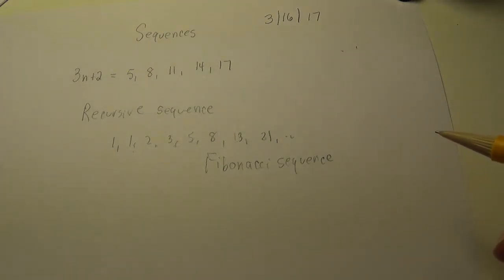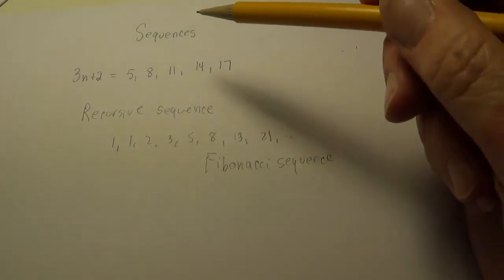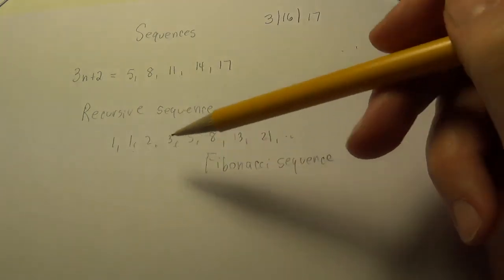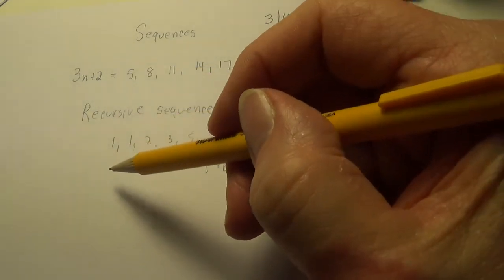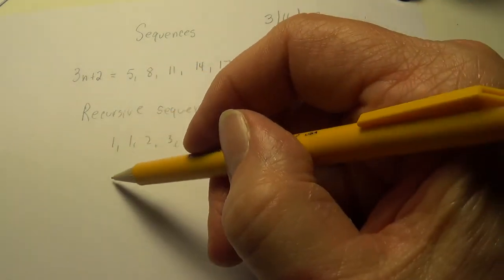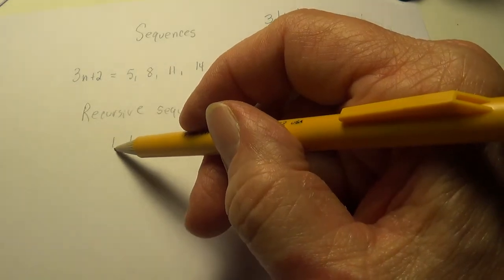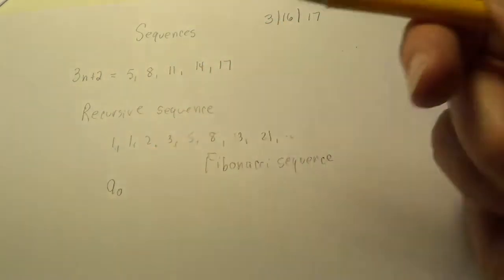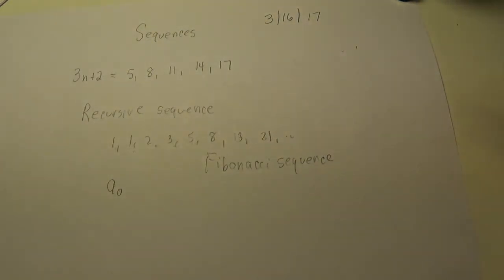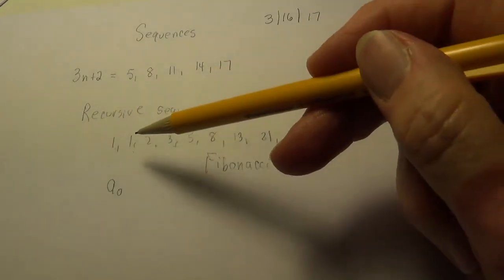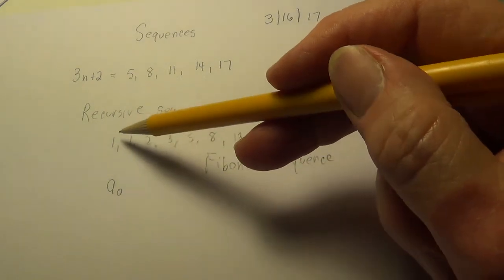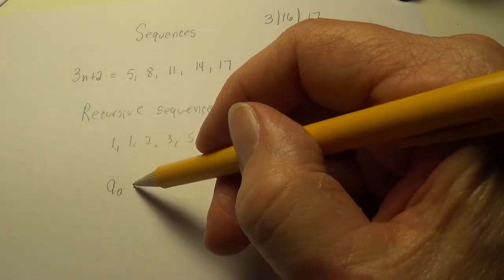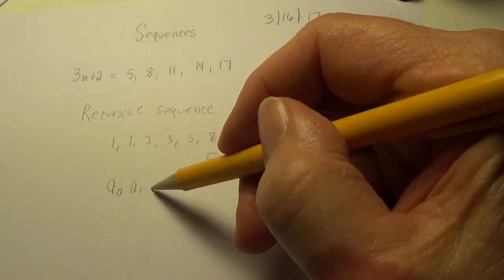And the way we do that is we start somewhere. Usually we are given the first couple terms. So this term is normally called a sub 1. I'm going to call it a sub 0 just because I can. Sometimes we start our sequence numbering it as this is 0, and this one is a sub 1, and this one is a sub 2.